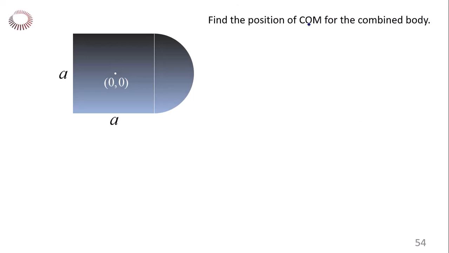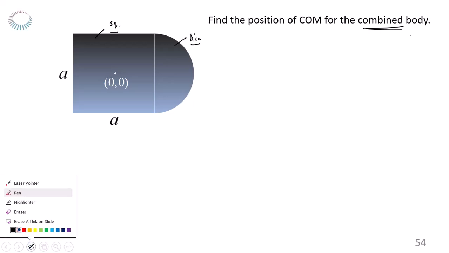Now I want to calculate the center of mass of a combined body. Combined body means there are 2 different geometries. One is a square plate added with a semicircular disc. So this is a square plate added with the disc geometry.